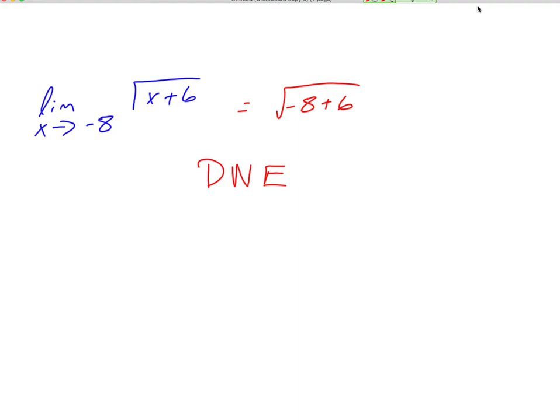Negative 5. Stop judging me. She's the closest. Negative 6. Negative 8. Something less than negative 8. This is not a tricky question. Negative 6.